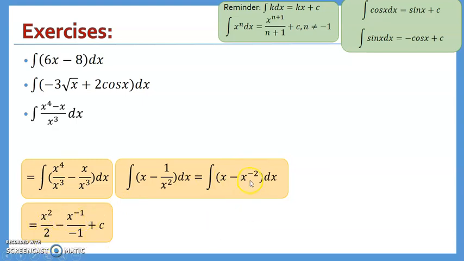Same for the second one. You add 1 to the power, so minus 2 plus 1, you get minus 1, and you divide by the new power, which is minus 1. Here, minus and minus cancels out, so you get plus, and instead of writing x power minus 1, to get rid of the negative power, you take it again to the denominator, so it becomes x power plus 1, so x. And you're done.